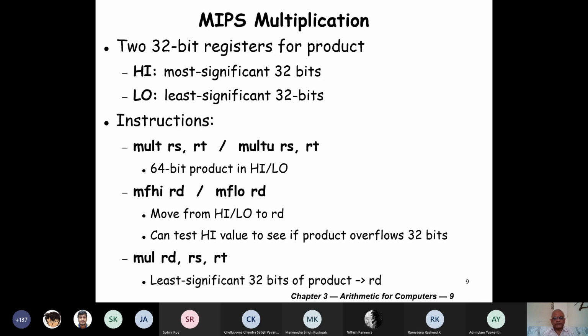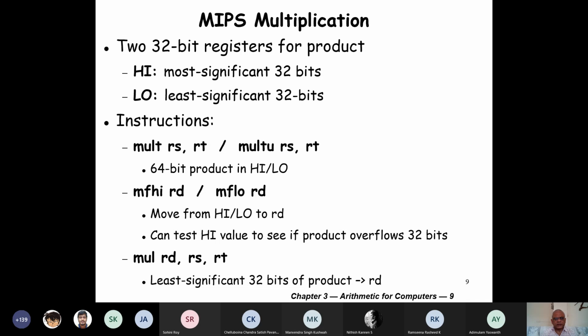And we don't have a 64-bit register. So where is the result stored? The result is stored by two registers we never used, HI and LO. Implicitly, whenever you do multiplication, there will be HI and LO registers whose only purpose is to store the result of multiplication.